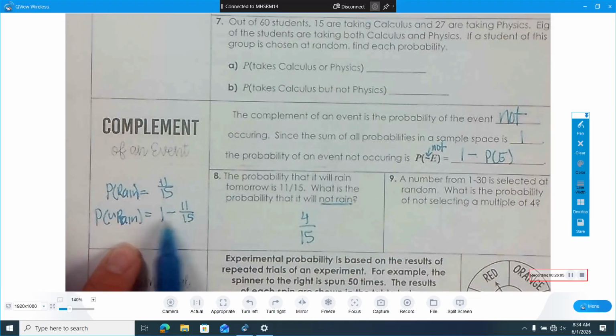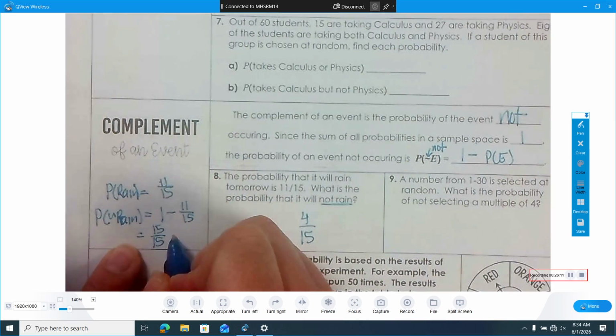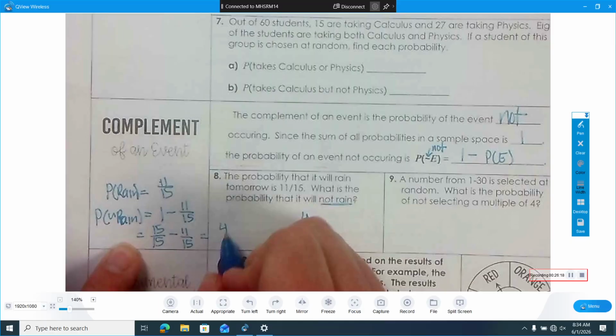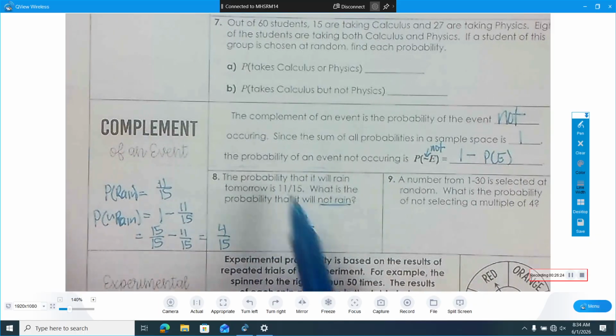What's the common denominator of these two fractions? 15. So this 1 is the same as 15 out of 15. That's 1, right? And what is 15 fifteenths minus 11 fifteenths? 4 fifteenths. So do you want to do all that math, or understand that 11 times it's going to rain, which means the other 4 it's not going to rain? It makes total sense, right?